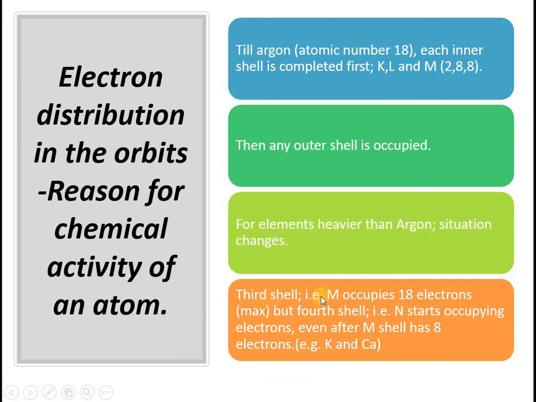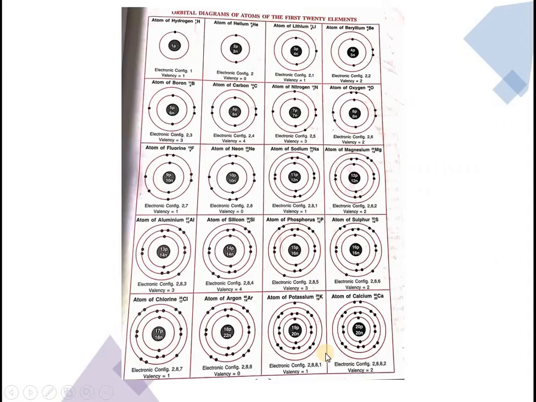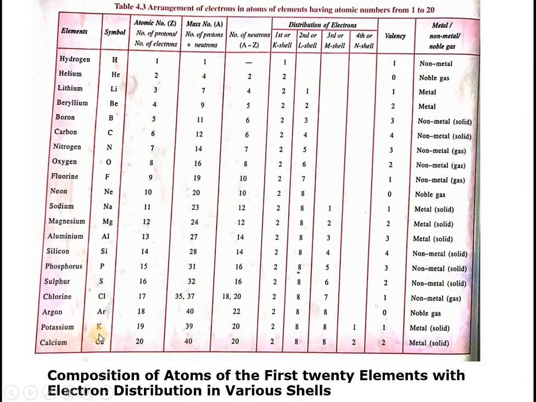Third shell M actually can occupy 18 electrons because its maximum occupancy is 18 as per the 2n square rule. But the fourth shell starts even though the M shell doesn't have 18 electrons. So, in case of potassium the electronic configuration is 2, 8, 8, 1, and calcium is 2, 8, 8, 2.